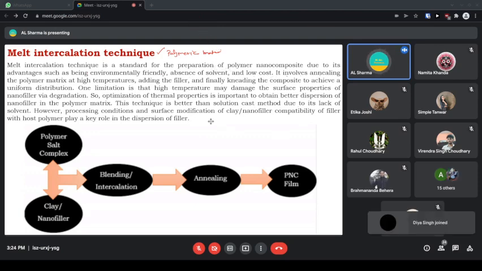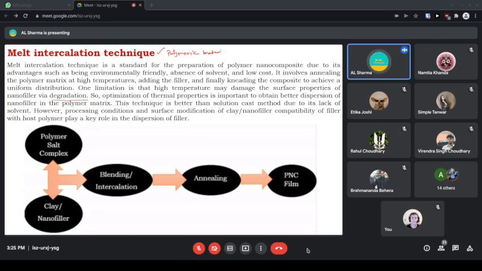It involves annealing the polymer matrix at high temperature, adding the fillers, and finally kneading the composite to achieve a uniform distribution. One limitation is that high temperature may damage the surface property of the nanofiller via degradation. So optimization of thermal properties is important to obtain better dispersion of the nanofiller in the polymer matrix.